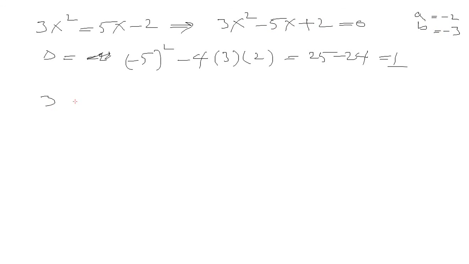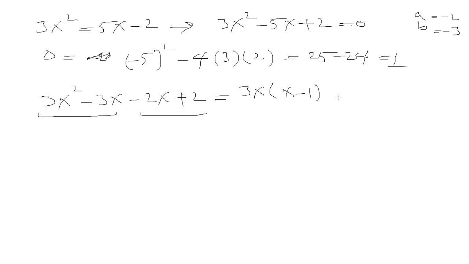So I write the polynomial as 3x squared minus 3x minus 2x plus 2, and then I use factoring by grouping. 3x times (x minus 1) minus 2 times (x minus 1) equals 0. So x minus 1 is a common factor, times (3x minus 2) equals 0.